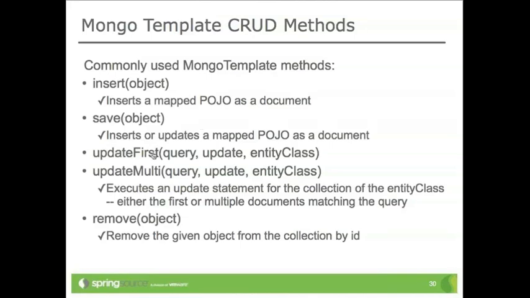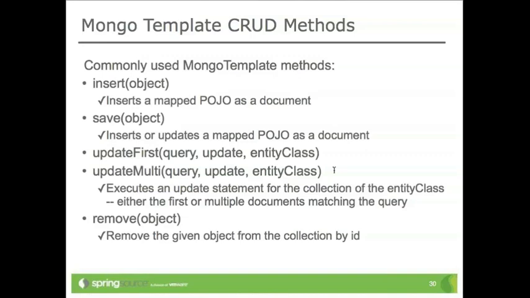And there's update first and update multi, which basically do the same thing. You provide a query to select the documents you want to match on. You provide an update document that specifies whether you want to increment a field, or push a comment into a blog post, and then you also specify the entity class you're working with, because we use that to determine what collection you're actually going against.